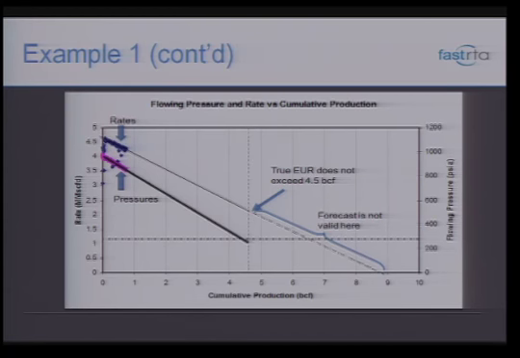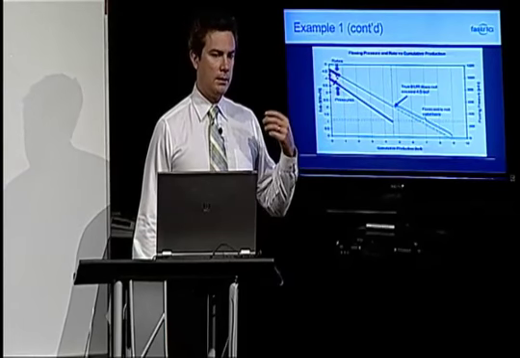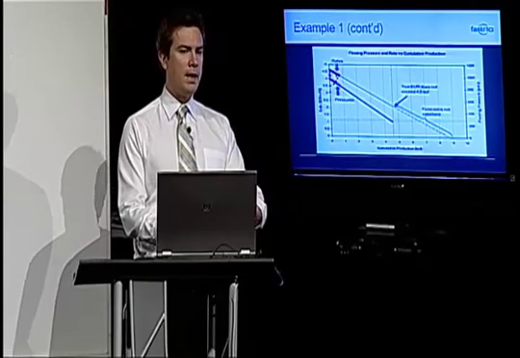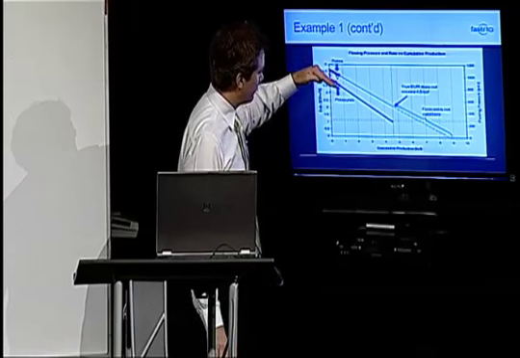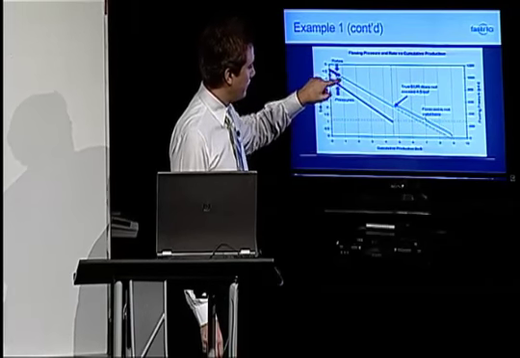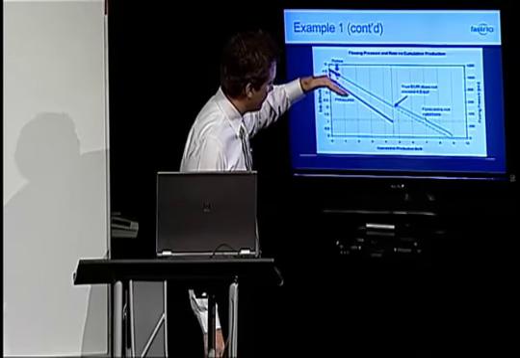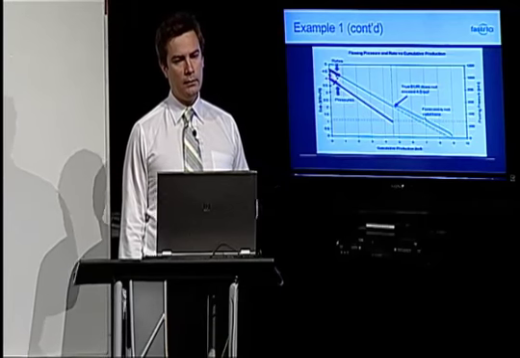If we have a situation where pressures are falling, remember the golden rule of decline analysis: my prediction of the trend in the future is valid so long as the conditions in the future are the same as they were in the past. In other words, if my pressures were declining in the past, this forecast is valid as long as the pressures keep declining at the same rate.